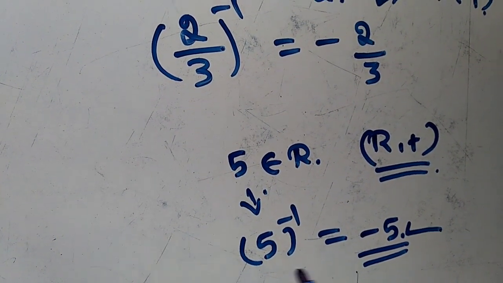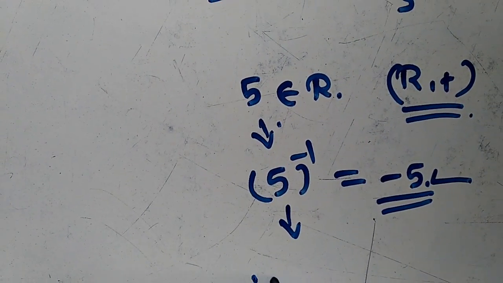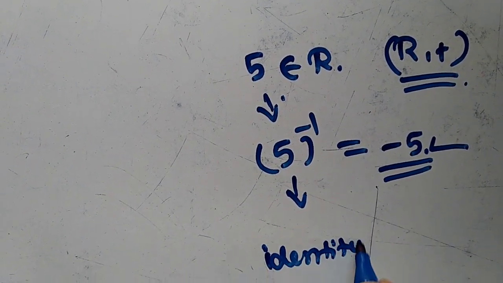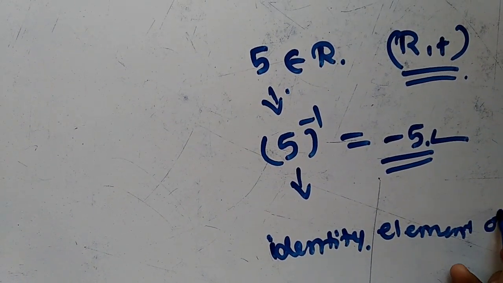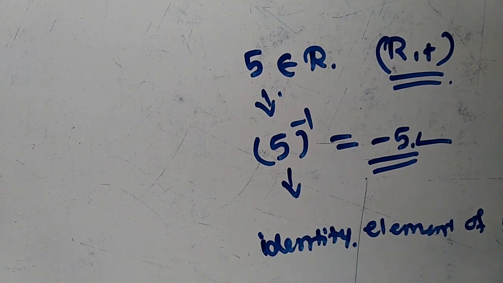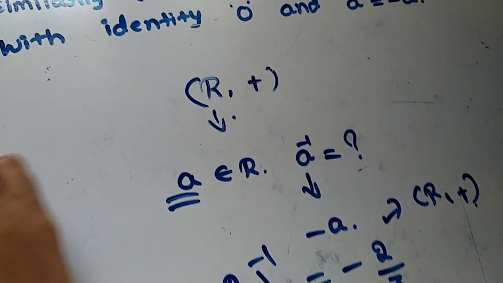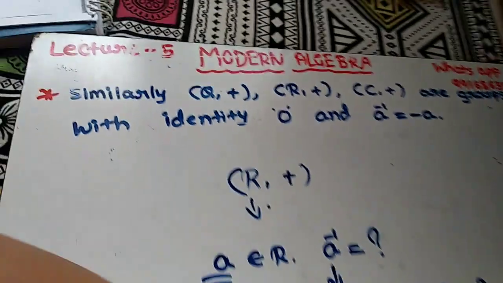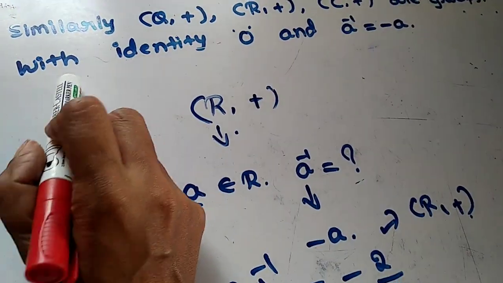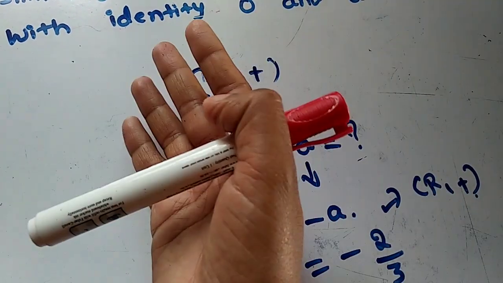Got it? Otherwise, if they ask for finding the identity element, what is the identity element of this phi? Which is 0. Got it? So if you remember this, then there is no need to solve all those things. In competitive exams, they don't ask you to prove whether this is a group or not.